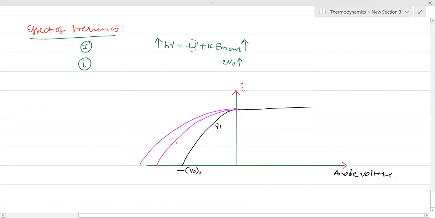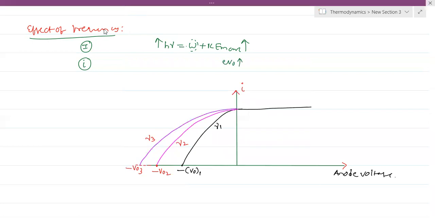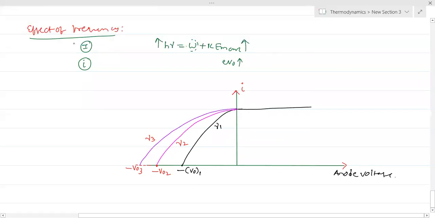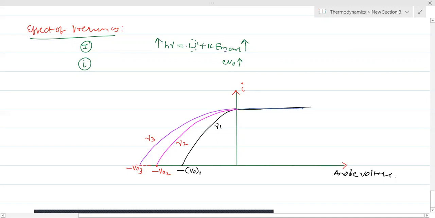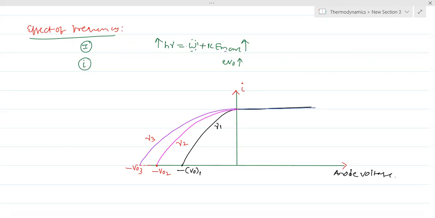This is the situation for nu2 frequency, where we get a stopping potential minus V02, and this is nu3 frequency, where we get a larger stopping potential minus V03. From this it is very clear that whenever you change the frequency, only KE maximum or the stopping potential changes, while the photocurrent and the intensity are constant.